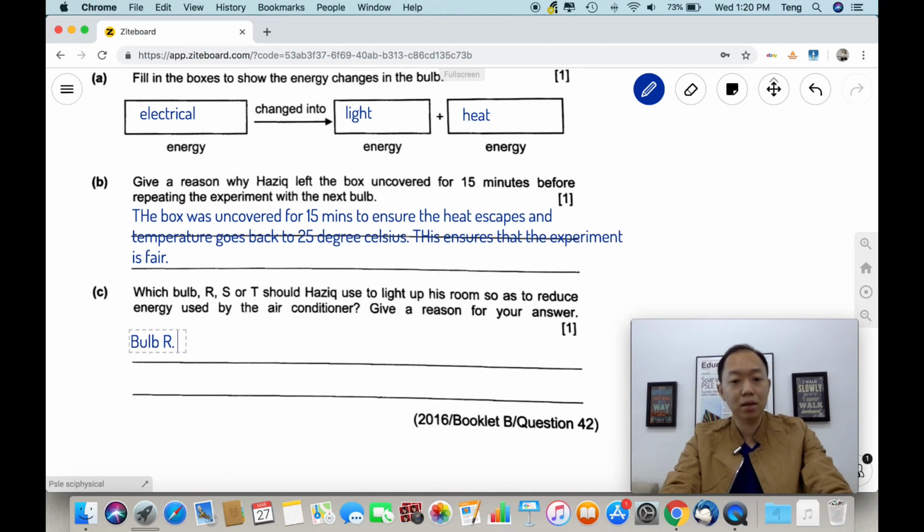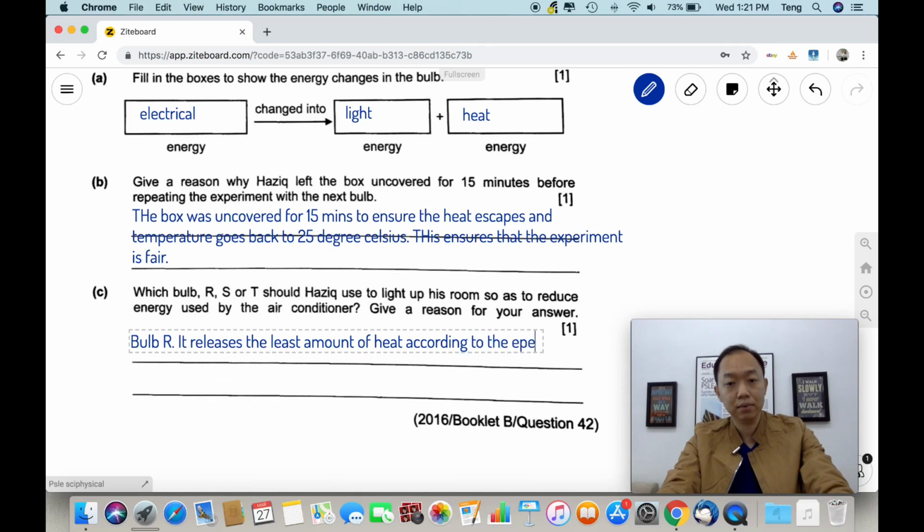Why? Because bulb R, according to the table, okay, it's not that it uses less heat; it releases the least amount of heat according to the experiment.